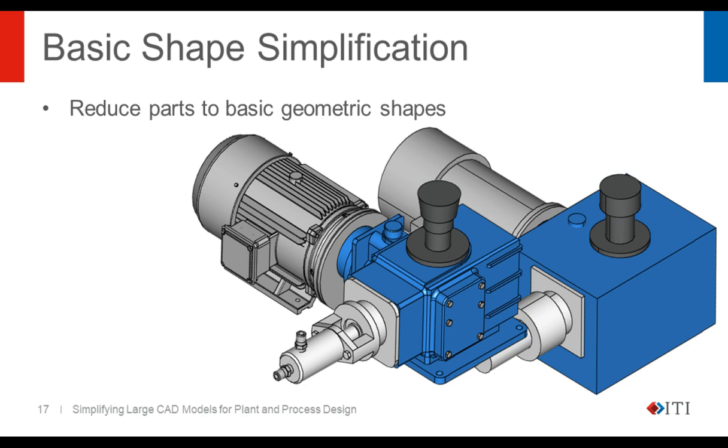Plant design systems very often just want the outer envelope, bound in boxes or primitive shapes, and it gives something that's much easier to handle. Here we have a very simple example of a small motor, a gearbox, and a fitting attached to the gearbox, which was quite a big file. I think it was about a 5 megabyte file.